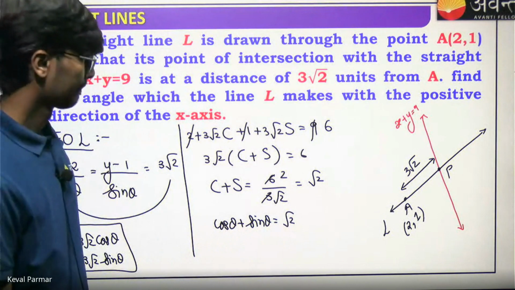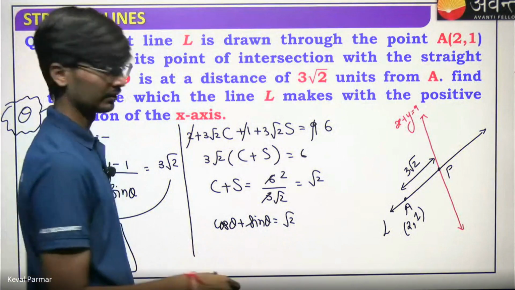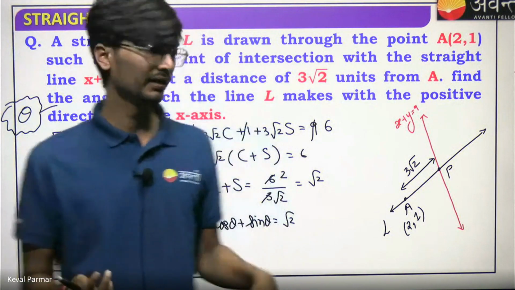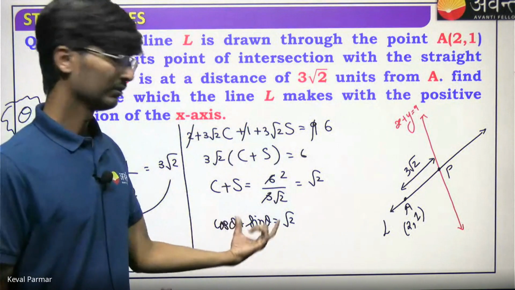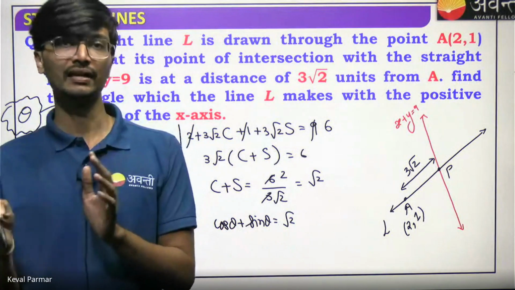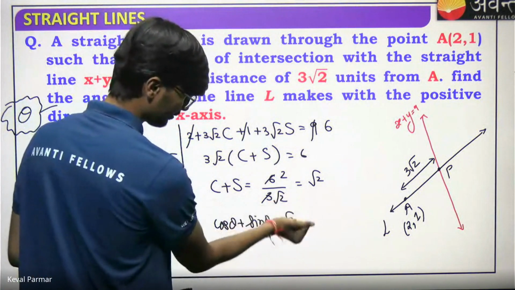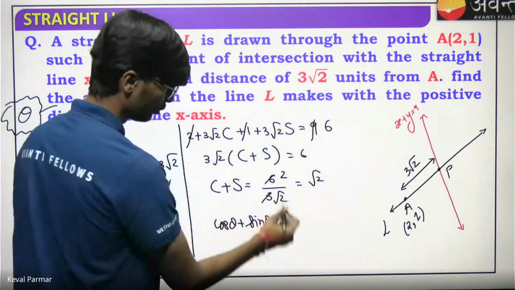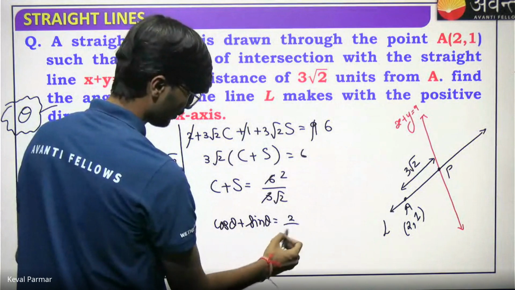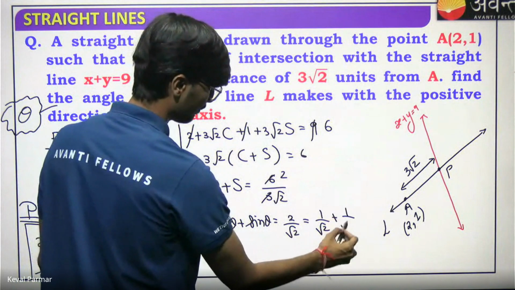You can do this by trial and error, or if you don't want to do trial and error, we have to use trigonometry. We'll have to square this on both sides. So we'll get a quadratic equation and then factorize it. But this is very simple. I can write root 2 as 2 upon root 2, which I can write as 1 upon root 2 plus 1 upon root 2.